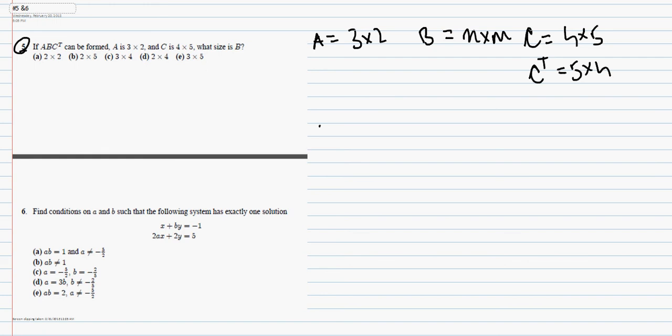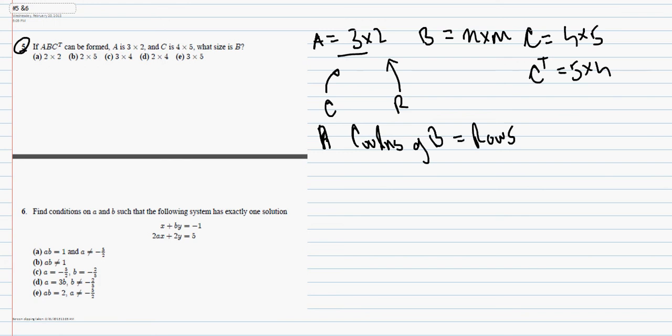Another thing I want to point out is that these are the columns, and these are the rows, right? One thing we want to know about matrices is that when we're multiplying, we can only multiply if the columns of B equal the rows of A. In the sense, we can even say the rows of the first matrix equal the columns of the second.